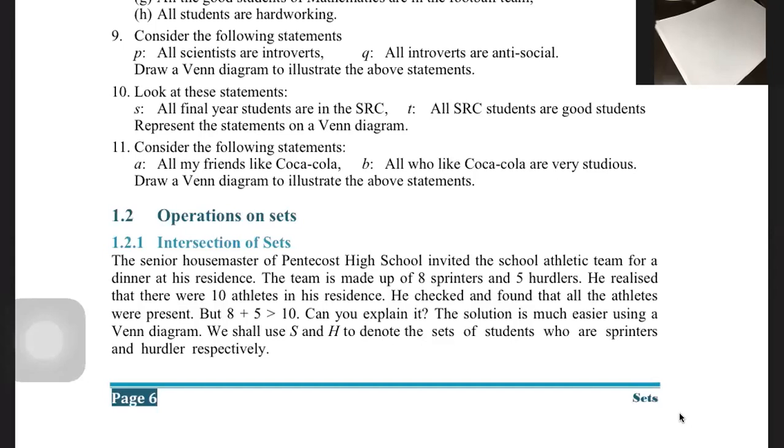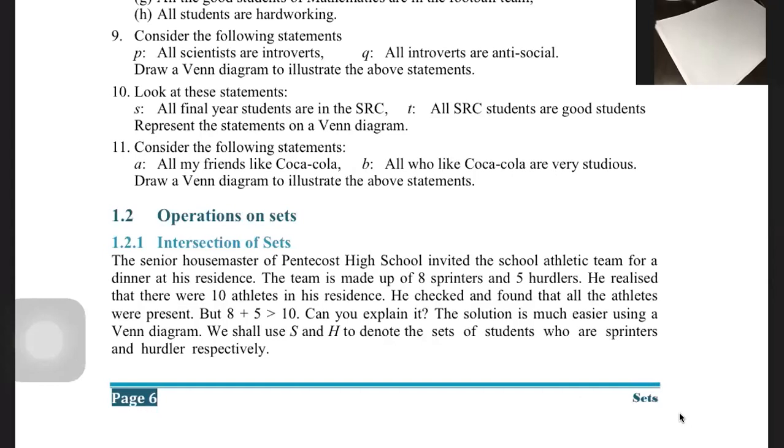Now, in this case, the number of the footballers or the athletes is called a universal set. So now your universal set is 10. When you add up both sprinters and hurdlers, 8 people are sprinters and 5 are hurdlers.